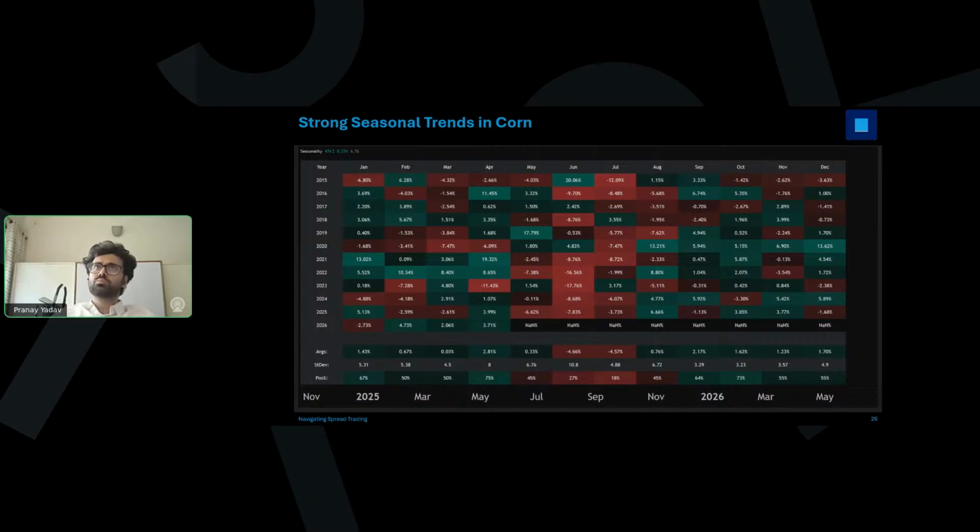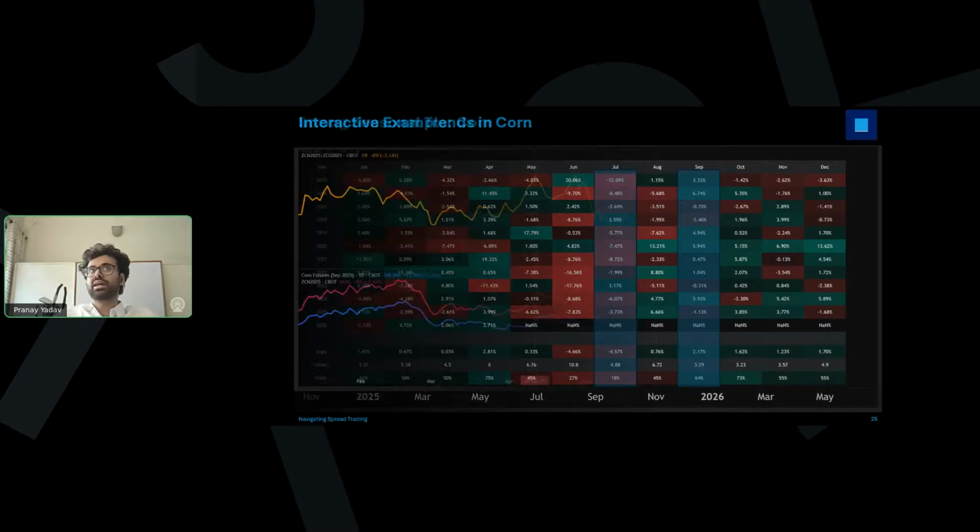However, for agri commodities like corn, prices are more supply driven. Seasonality is more supply driven. As you can see, even in supply-driven markets, there are predictable seasonal trends. During July, there is a predictable decline in corn prices. During September, there is a predictable rally in corn prices.